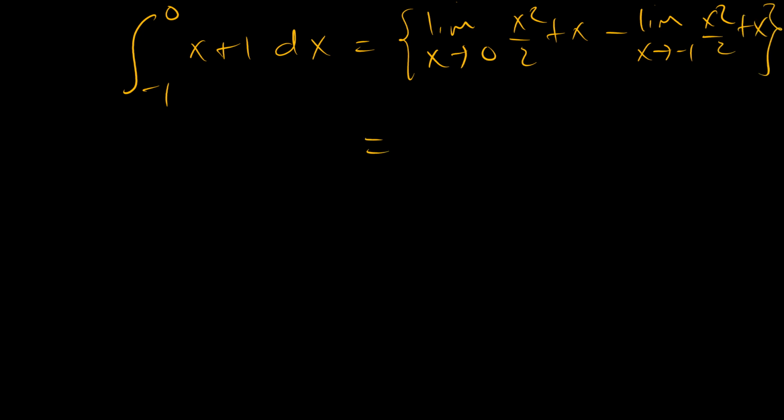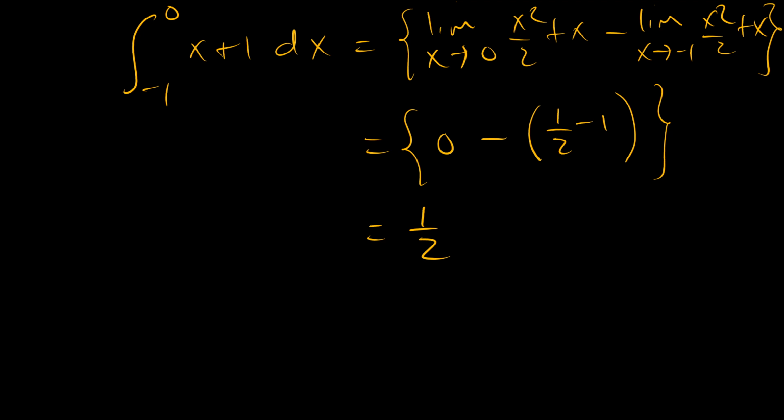So this is 0 minus a half minus 1, which is the same as negative negative a half, which is a half.